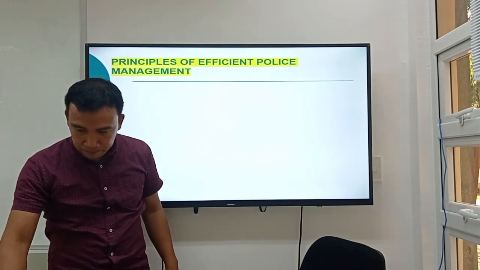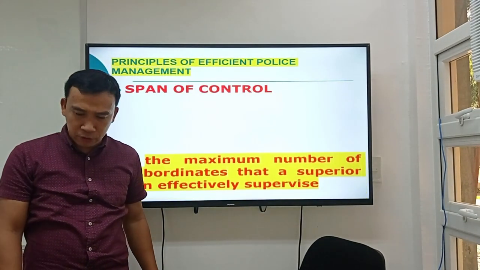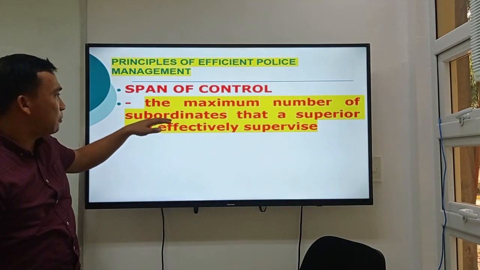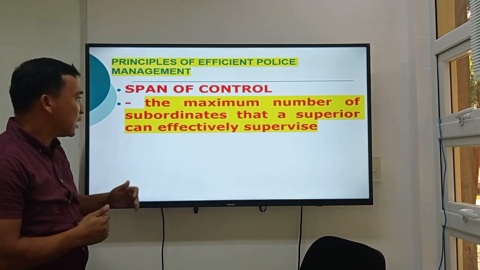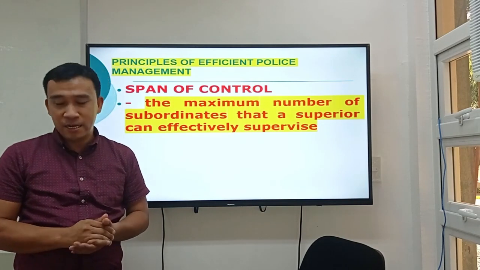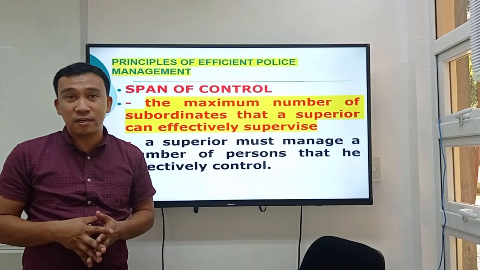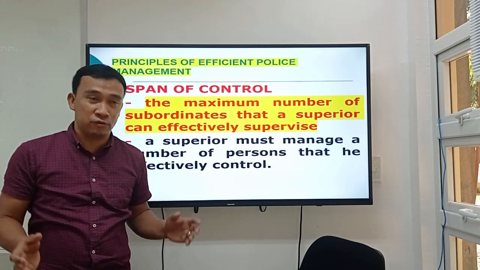Okay? Next. Span of control. Span of control means the maximum number of subordinates that a superior can effectively supervise. Okay? And to tell you, hindi lahat ng mga leaders ay pare-pareho ang kanilang span of control.